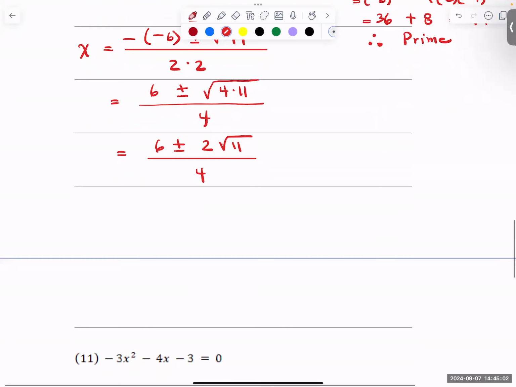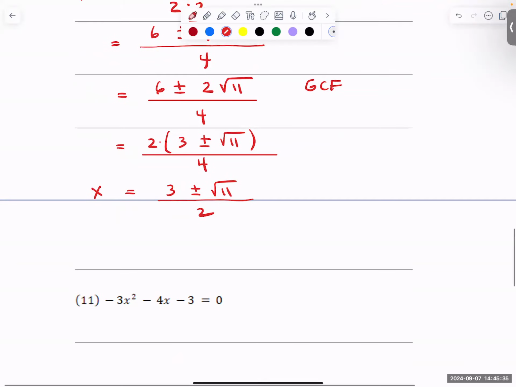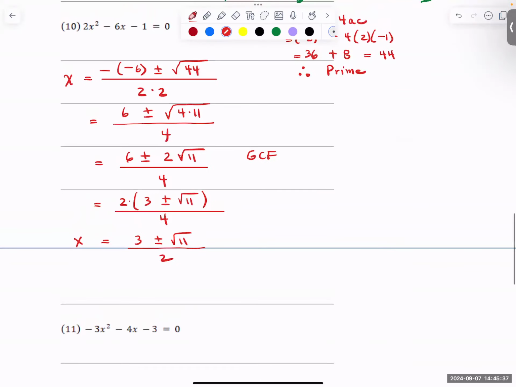To simplify, in the numerator, we want to factor out the greatest common factor, which is 2. So 2 factored out times 3 plus or minus the square root of 11 divided by 4. So now the 2 is a factor that divides and cancels with 4 in the denominator. So we have 3 plus or minus square root of 11 divided by 2. Now, a way we can check this is using the sum of the roots method for checking.